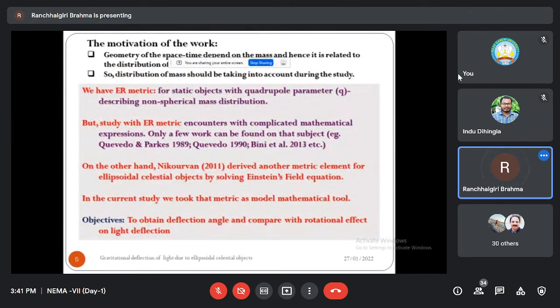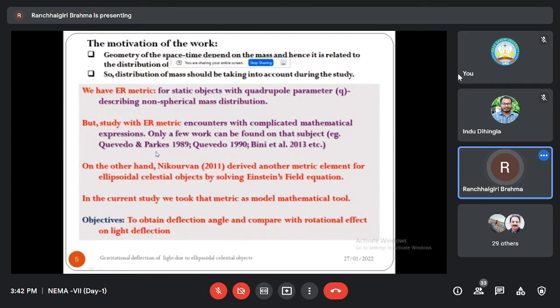But this metric obtained for the non-spherical distribution of mass comes with complicated mathematical expressions. It is very difficult to study with this metric, and only a few works have been found on the subject. For example, I have given them here.